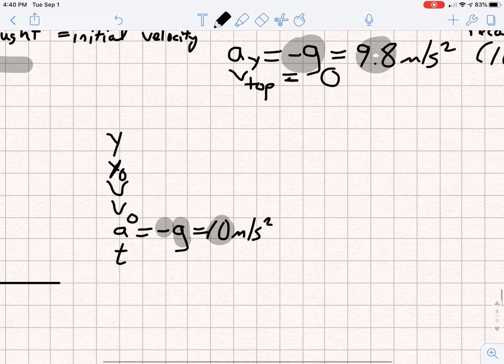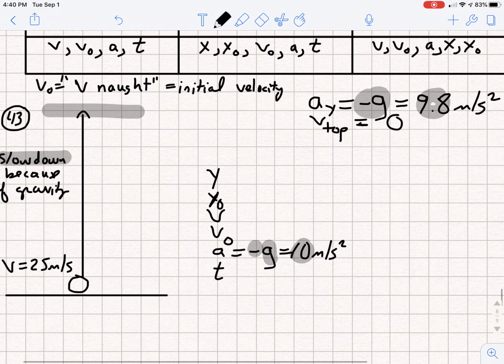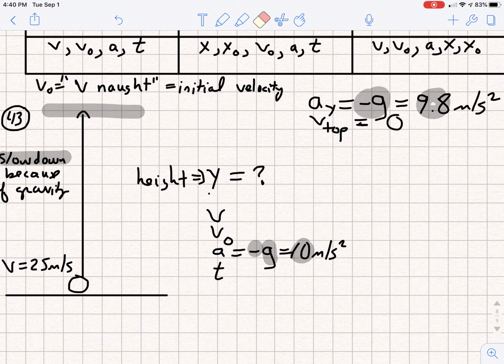So now we take this list one more time. If I want to know how high it rises, well, here's what I know. That means y becomes my question mark. Well, y effectively becomes the height. Y naught is the initial position, which in this case would be at the lowest level. That would be 0. We're starting at the lowest level.